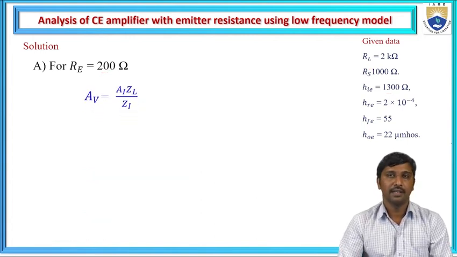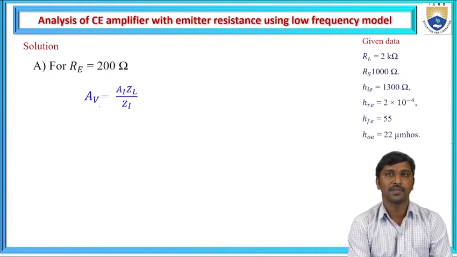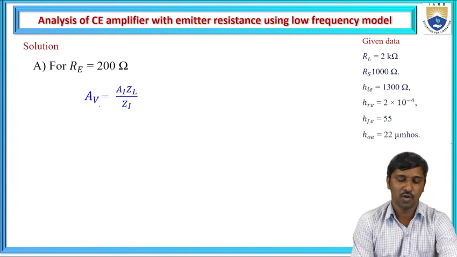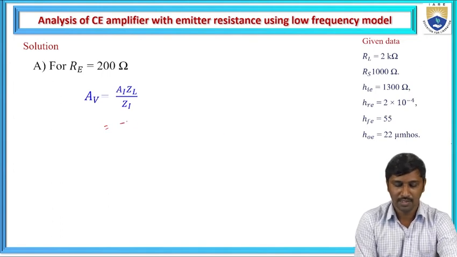Now we need to calculate the voltage gain for this emitter resistance of 200 ohms. From the approximate analysis, the voltage gain is defined as AI times ZL by ZI. Here you can substitute AI, which is minus hfe, that is minus 55, into ZL, the load resistance, 2 kilo ohms means 2000, by ZI.